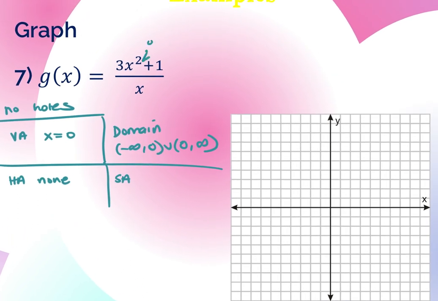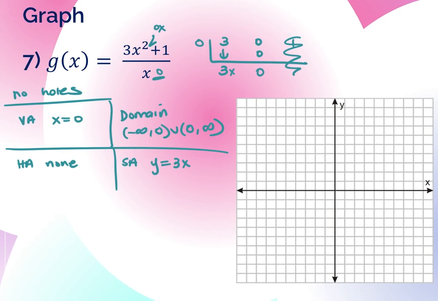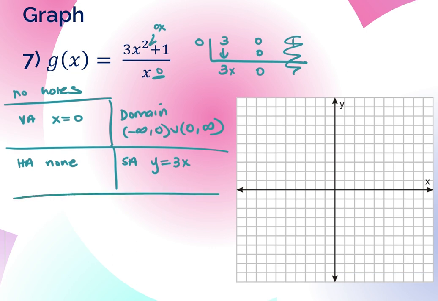This time I'm missing my 0x. So I get 3, 0, 1, and this would have a 0 after it. Bring down the 3. Ignore the remainder. The 3 gets the x, so my slant is y equals 3x. When I find my zeros, 3x squared plus 1 would equal 0. 3x squared would equal -1. x squared would equal -1/3.